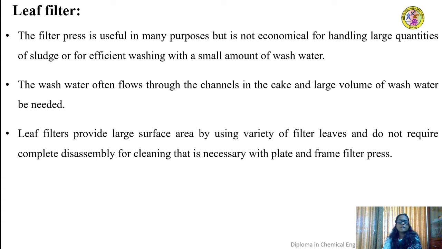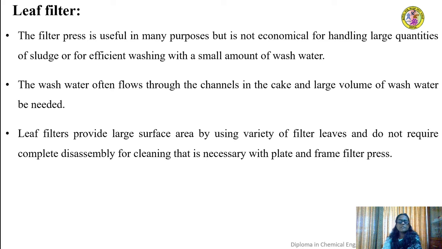One is the washing. In a plate and frame filter press, the wash liquid has to flow through the channels in the cake. The cake is obtained in the form of a thick bed, so you require a large amount of water to wash the entire cake.